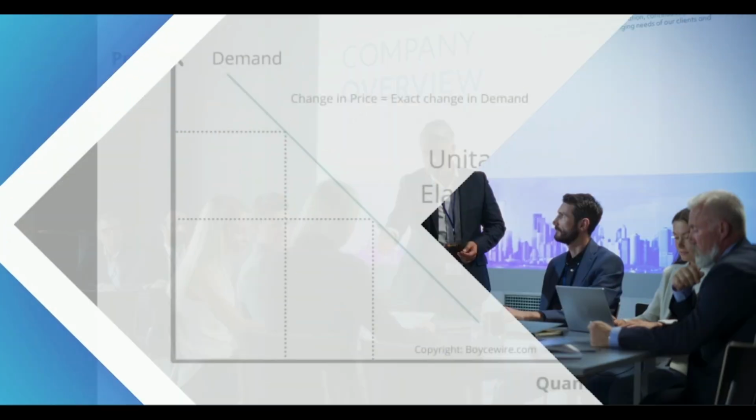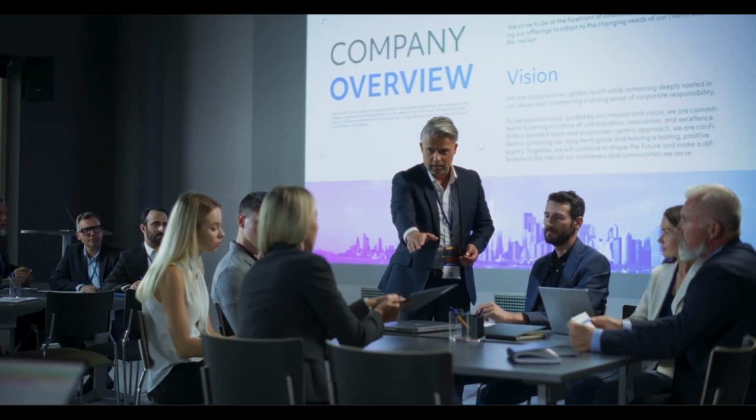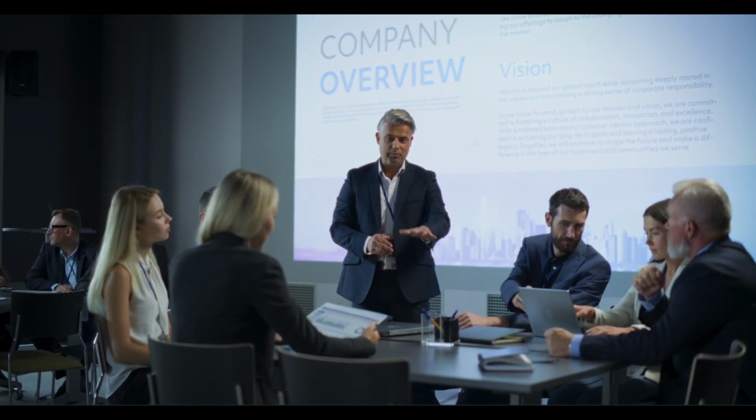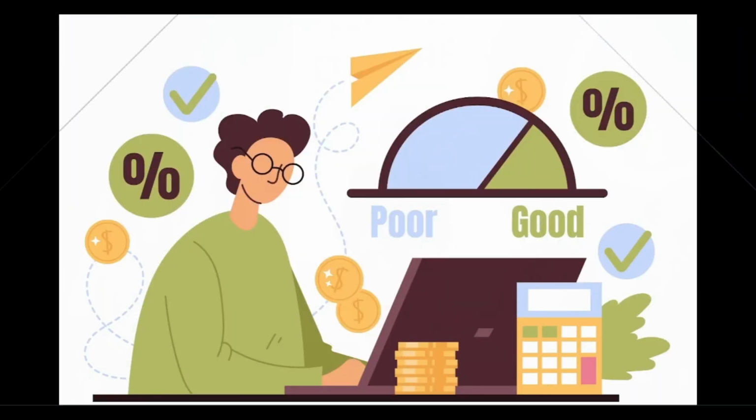Now, if we want to talk about the business implications of demand elasticity, we can have things like pricing decisions, where businesses adjust prices based on the elasticity so they can maximize revenue.